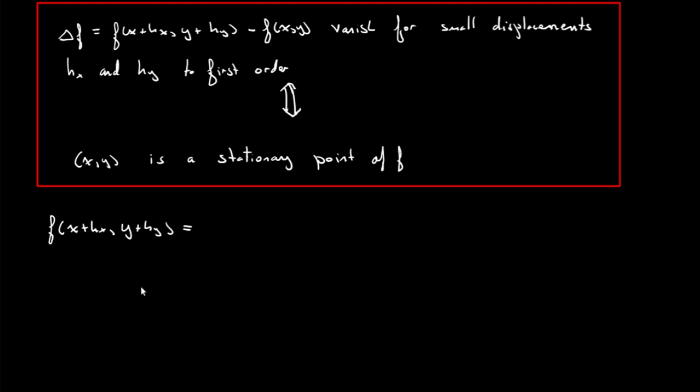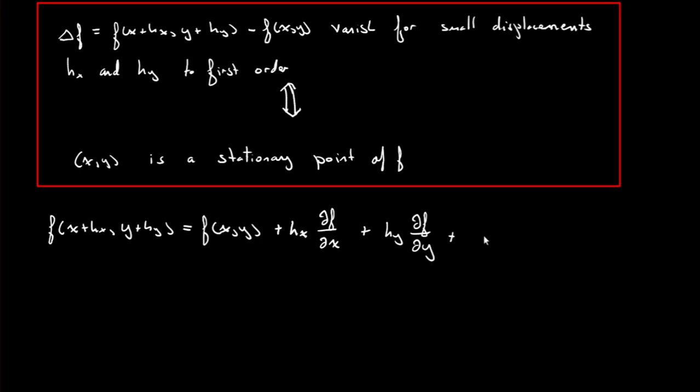Well, we can use Taylor's theorem in two dimensions to expand this into f of x and y plus hx times the partial derivative of f with respect to x, plus hy times the partial derivative of f with respect to y, and then we're left with higher order terms in hx and hy.